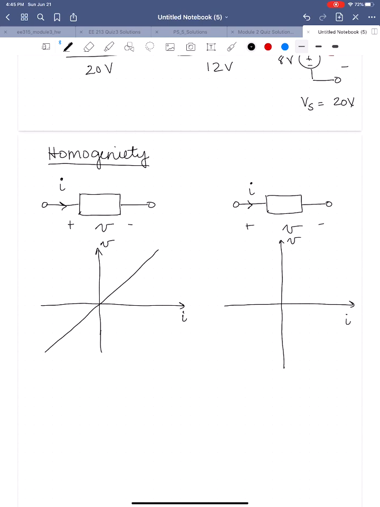Still our IV curve here, and let's say that that one looks like this. Okay, so here V is equal to K times I, where K is the slope of the line, right?